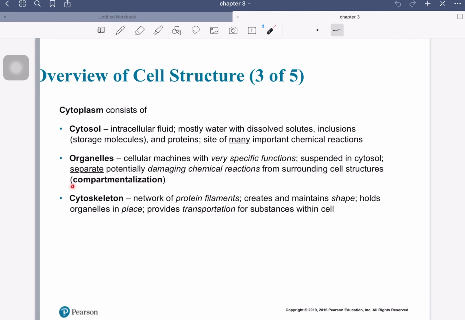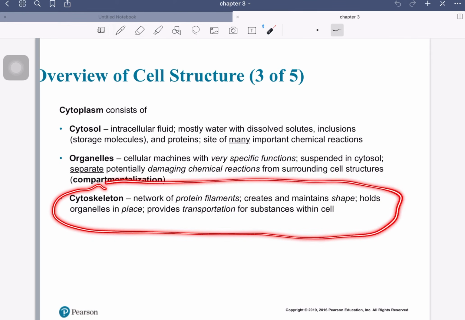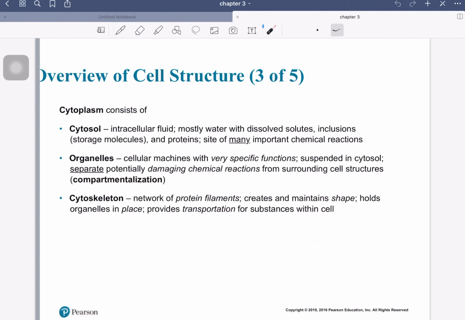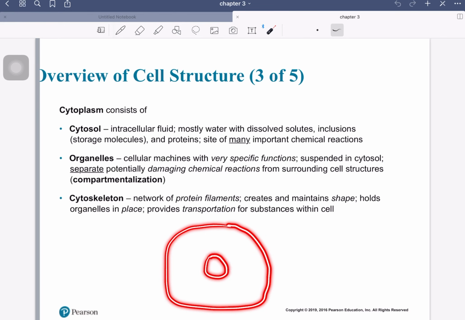So compartmentalization is important. And then there's this thing called the cytoskeleton. It's actually a really very important part of a cell. Usually we're used to looking at cells with a plasma membrane and a nucleus and some organelles throughout it.